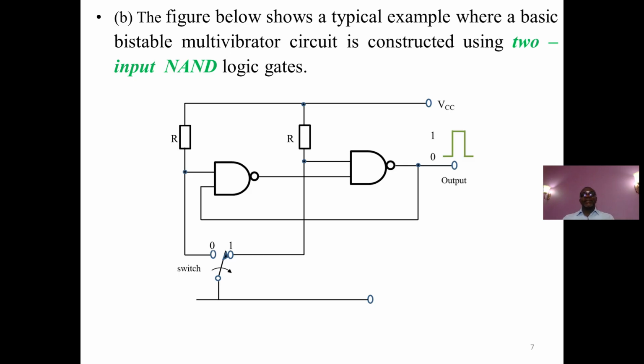So we say that these bistable multivibrators maintain two stable states but need two triggering pulses to be able to return to the original state.